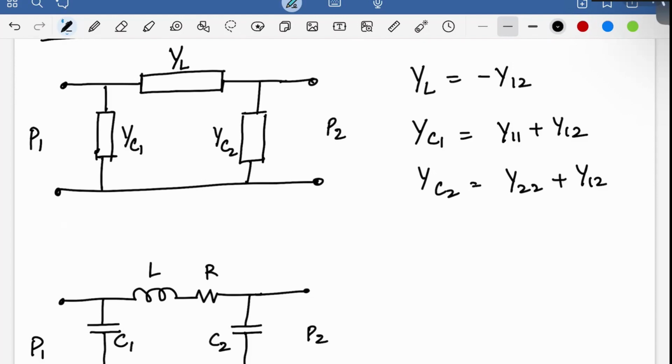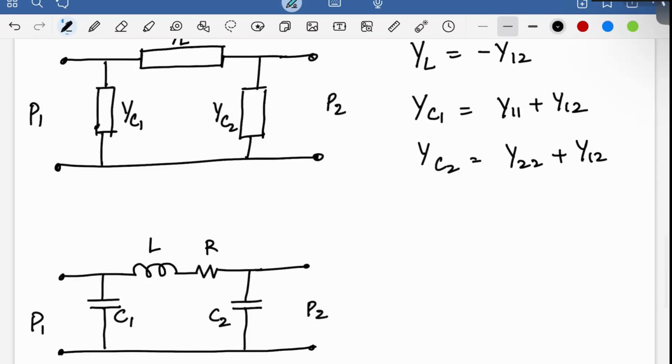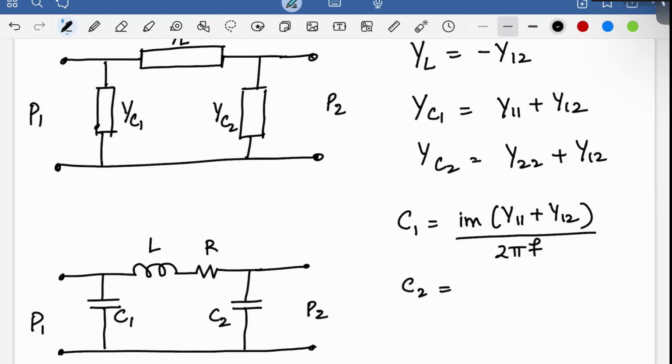And from the equations above, it's fairly easy to show that C1 is nothing but the imaginary part of Y11 plus Y12 divided by 2 pi f. C2 is similar, Y22 plus Y12 divided by 2 pi f.